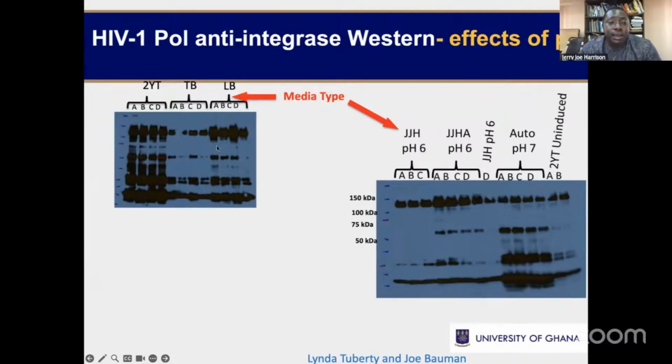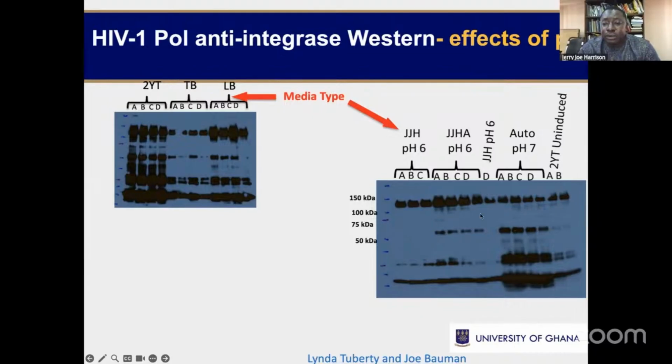Here on the left are various types of media that we had initially tried to express the protein. You can clearly see, using anti-integrase antibody, the proteolysis. Now, using the media that I had just created at pH 6, you can clearly see that the proteolysis is very much reduced.